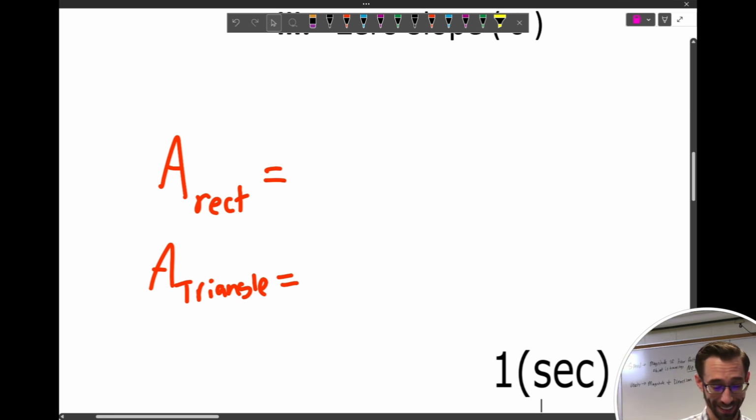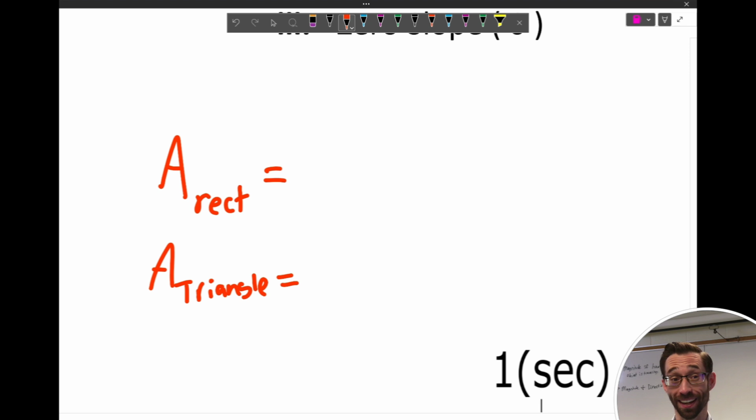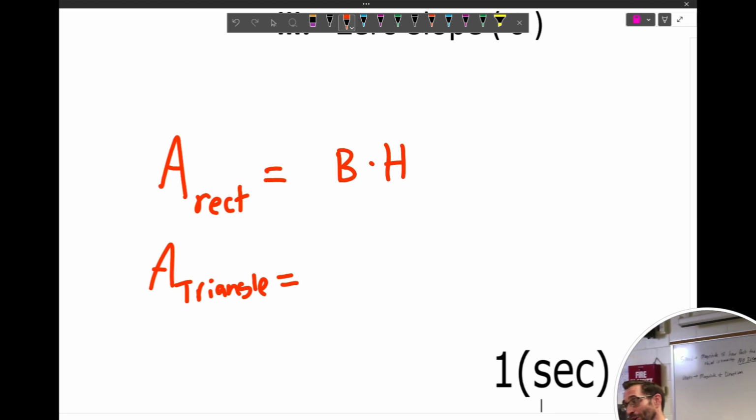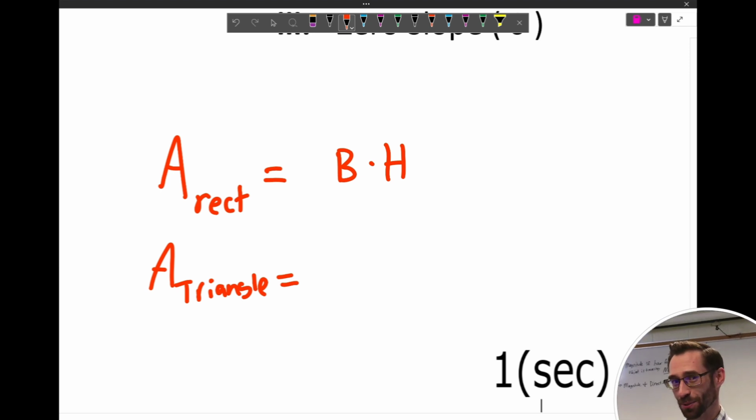Let's see what y'all got. What is the area of a rectangle? Base times height. Remember that from geometry? All right, what about the area of a triangle?